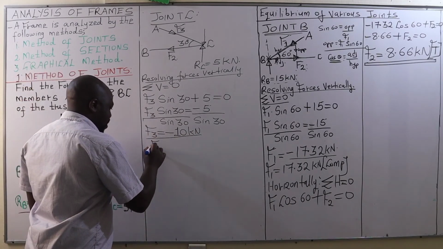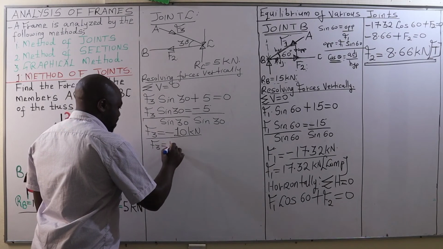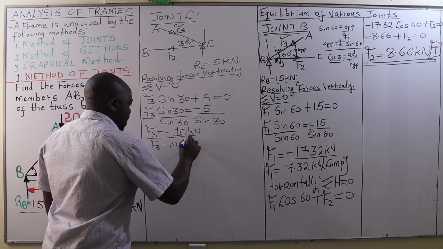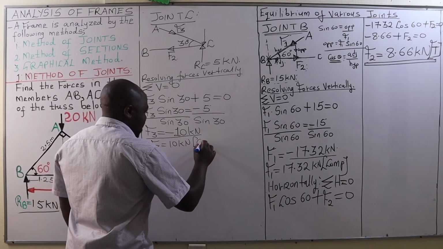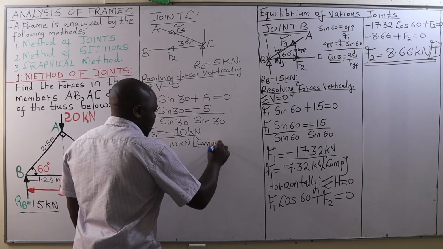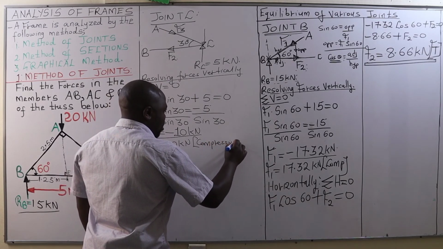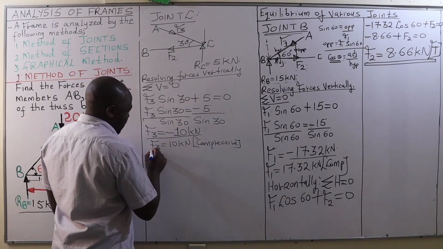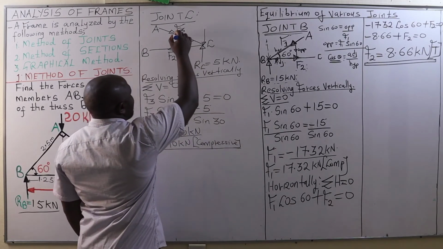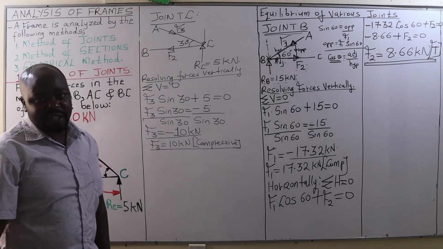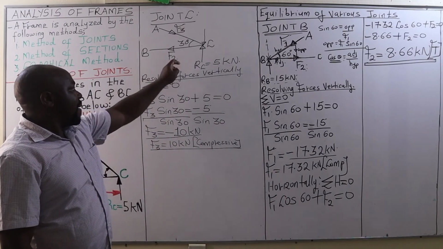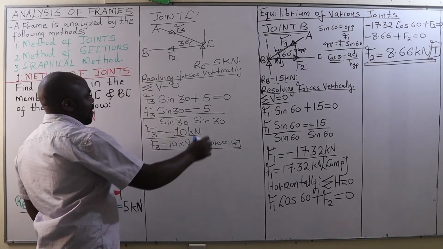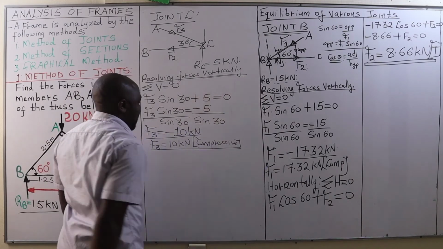And this force being negative, it means that the force is compressive. Therefore, our assumption of a compressive force on member AC is correct. Therefore, F3 is a compressive force. Let's now resolve the forces horizontally. We are done with vertically.